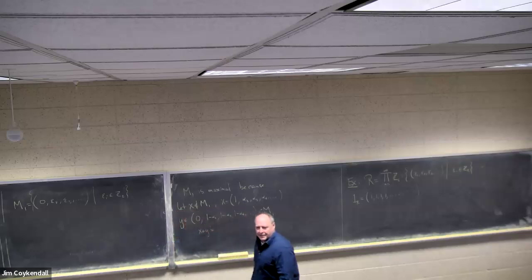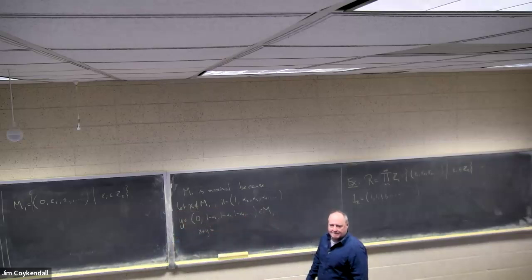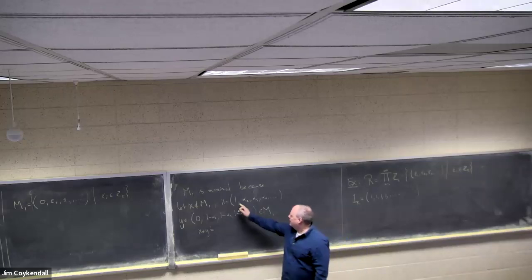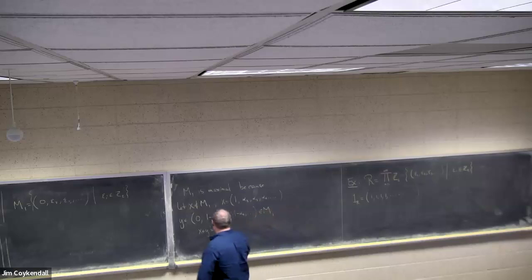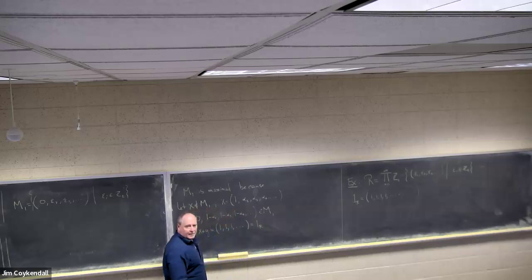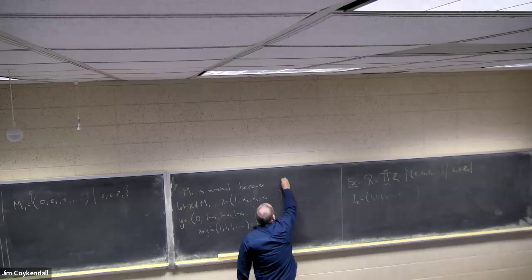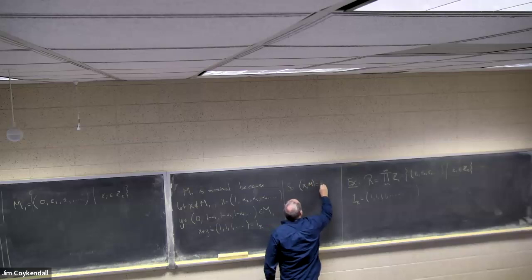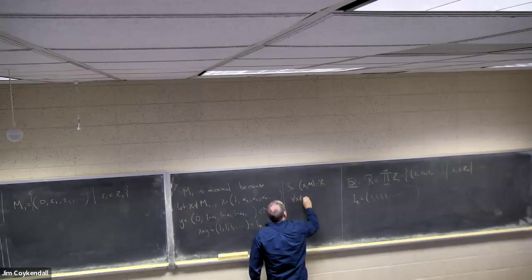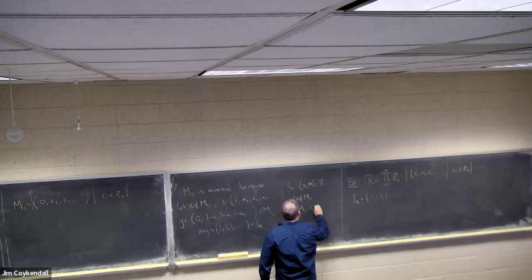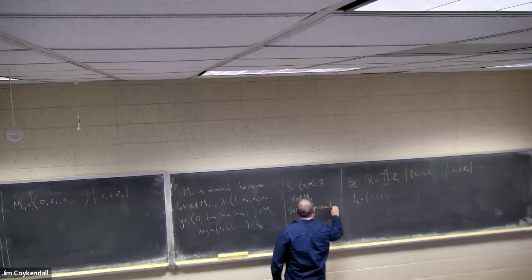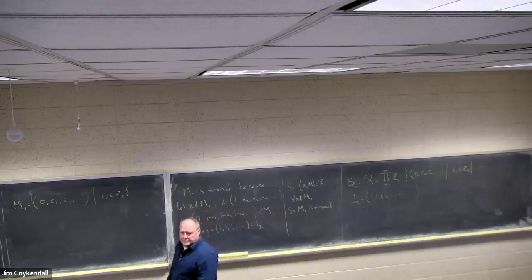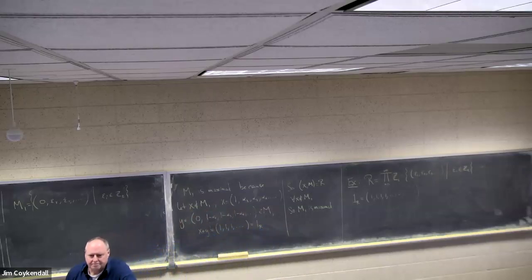What happens when I have x and y? I can get 1, so I can get it. So the ideal generated by x and M1 is all of R, for all x not in M1. So M1 is maximal. Do I agree with that?